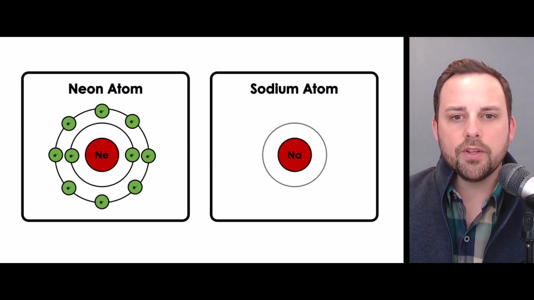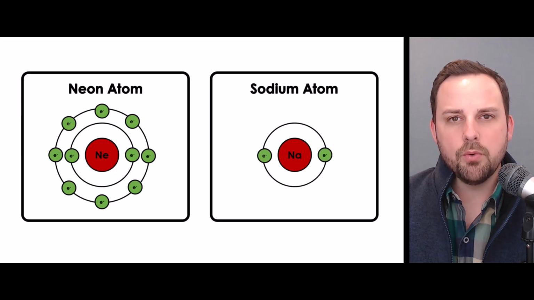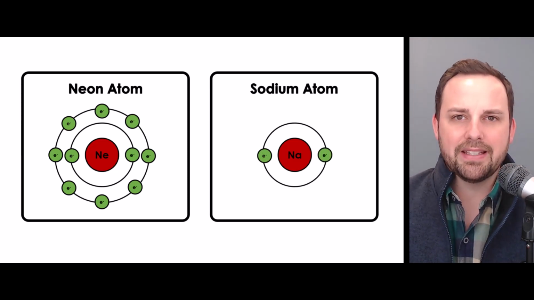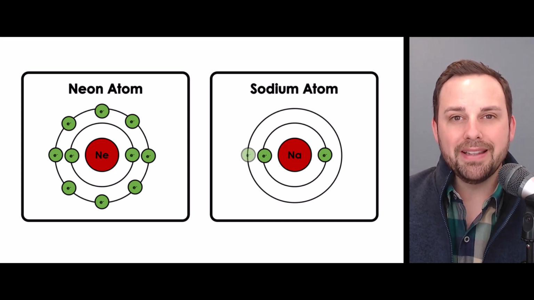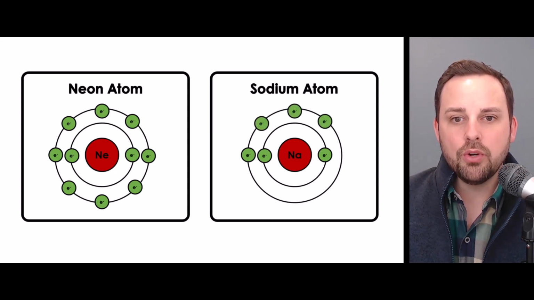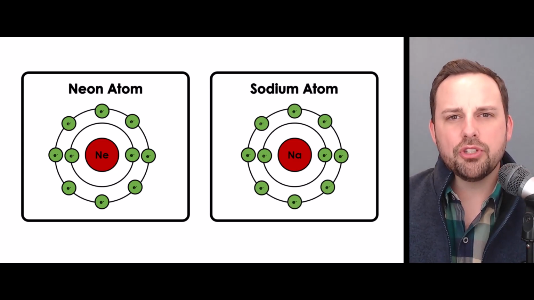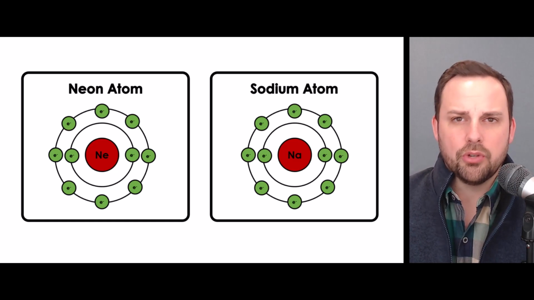So we start out with 2 electrons in shell number 1 because that's the maximum it can contain. Now we'll go out to shell number 2, and we will completely fill shell number 2 with 8 total electrons. And you remember shell number 2, it can only hold 8 total electrons.